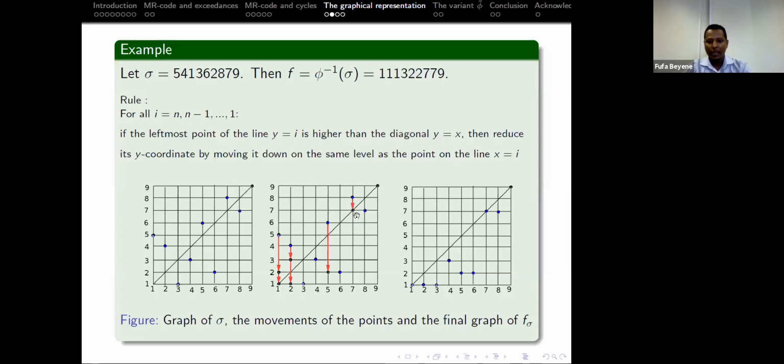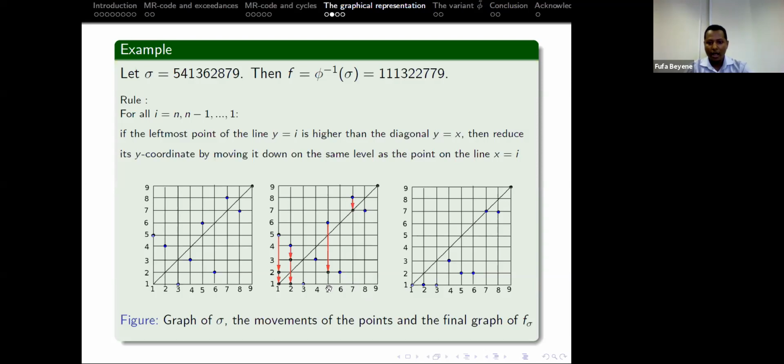At x equal to 8, you have a point here at the level x equals 7. So you move this point down to this level, and similarly go to the left. For i equal to 6, we have a point here, which is already below the diagonal, so nothing happens.